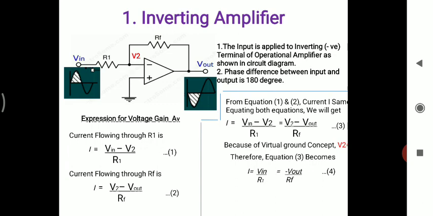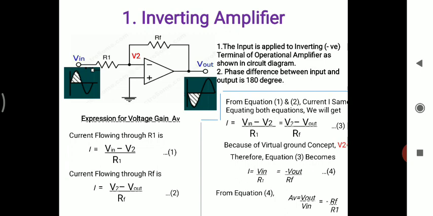If you simplify equation number 4 in terms of V out divided by V in, V out is the output voltage divided by the input voltage. Voltage gain is the ratio of output voltage to input voltage, that is AV.